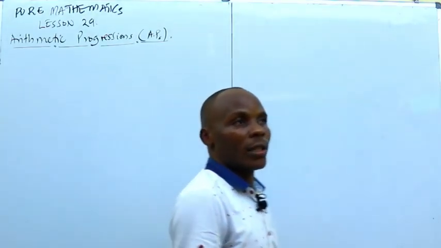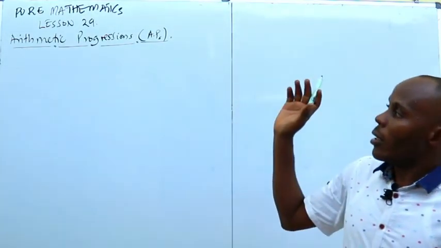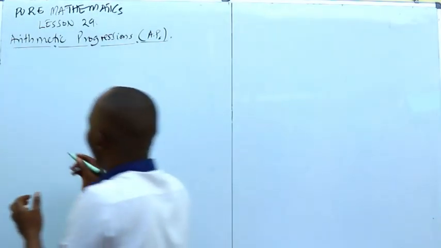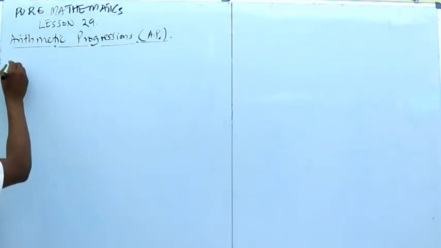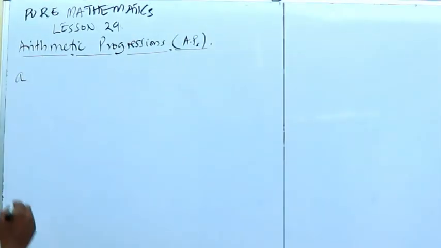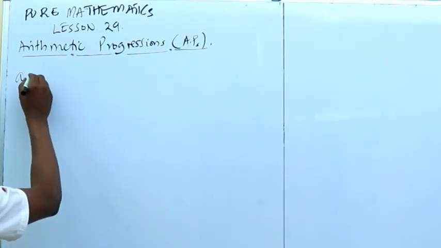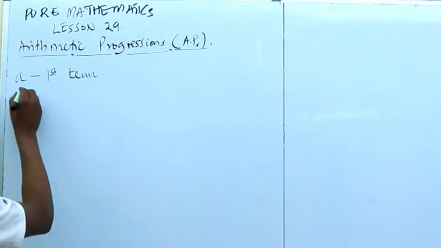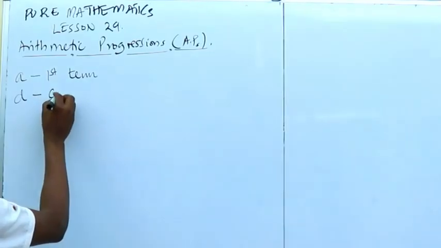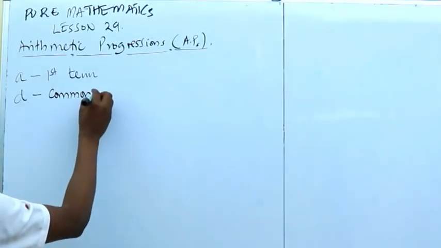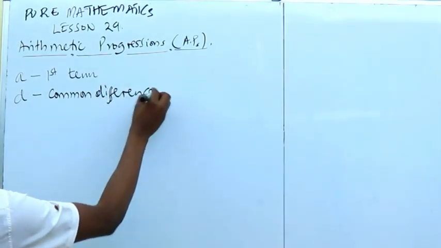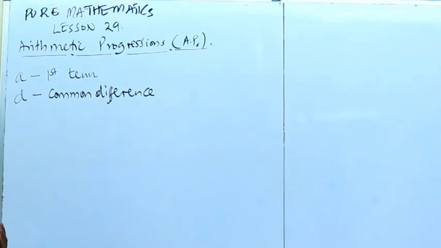Previously, in lesson 28, we discussed how they come about, where we said that A is the first term and D is the common difference, the constant value that is being added constantly.